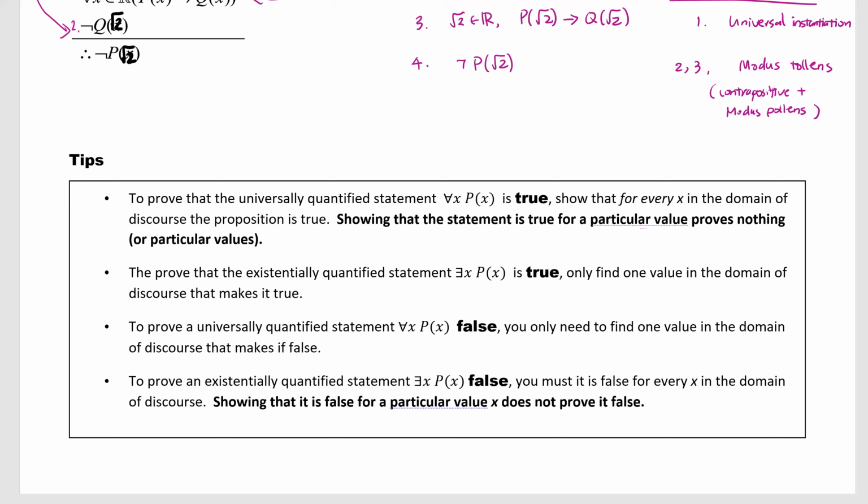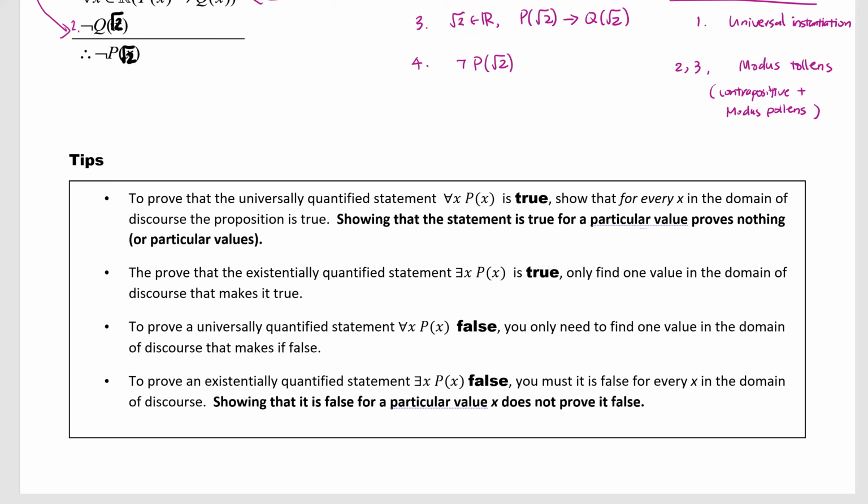Next, to prove the existential quantified statement is true, you only need to find one value in the domain of discourse that makes it true. Because there exists, if you can find one value, then you have shown there exists some number such that this is true.